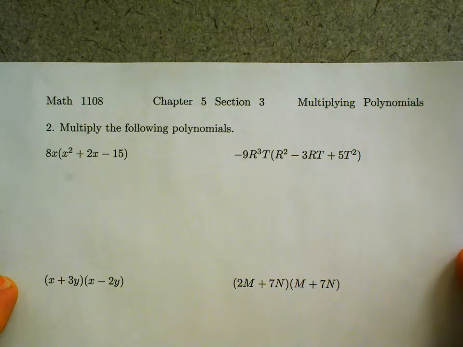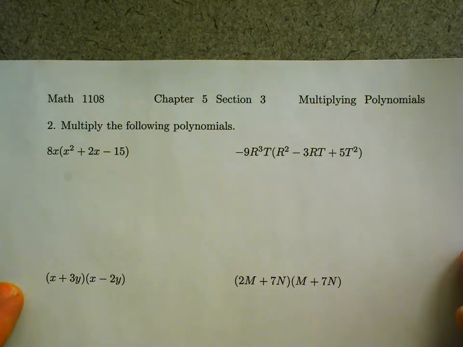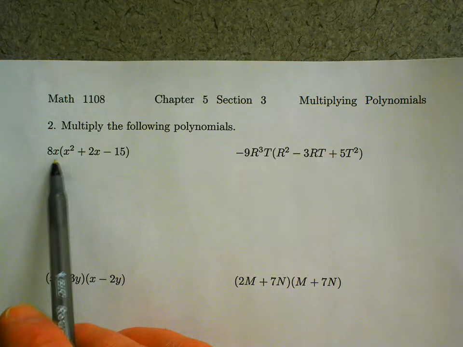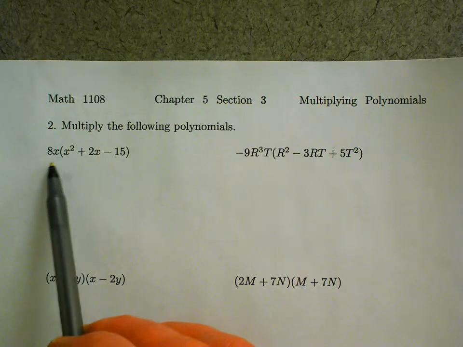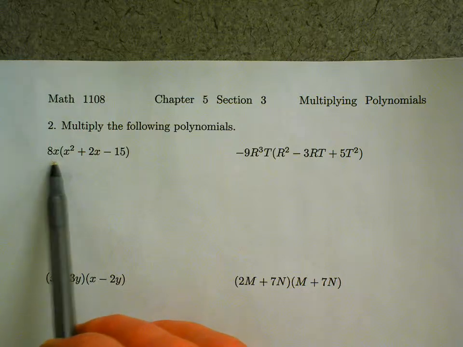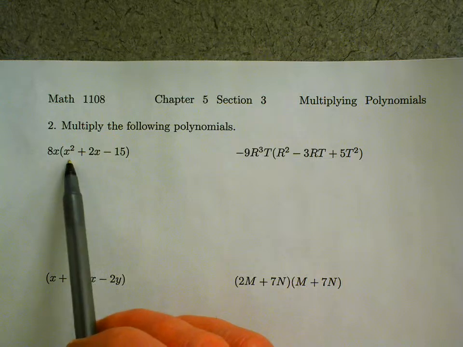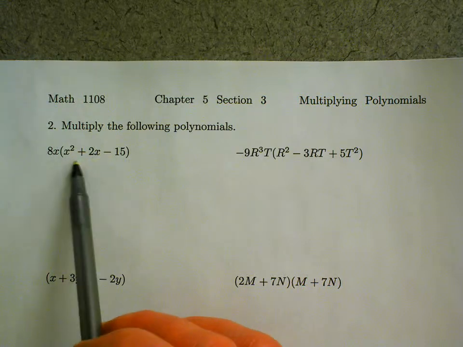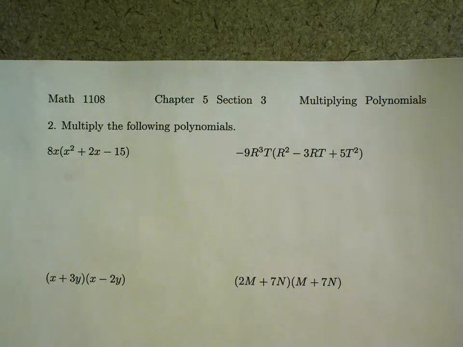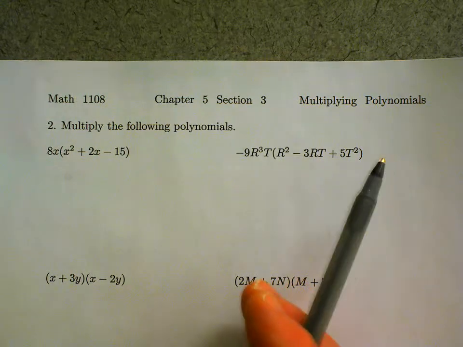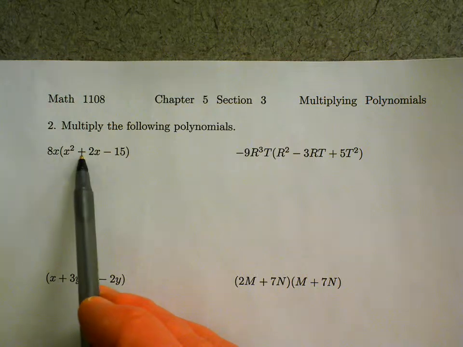Now we're multiplying polynomials again, but this time we're not just multiplying monomials. In this first example, we're multiplying a monomial and a trinomial. So inside the parentheses, we have a trinomial. It's called a trinomial because it has 3 terms in it. Okay, so we distribute multiplication by 8x over addition and subtraction.